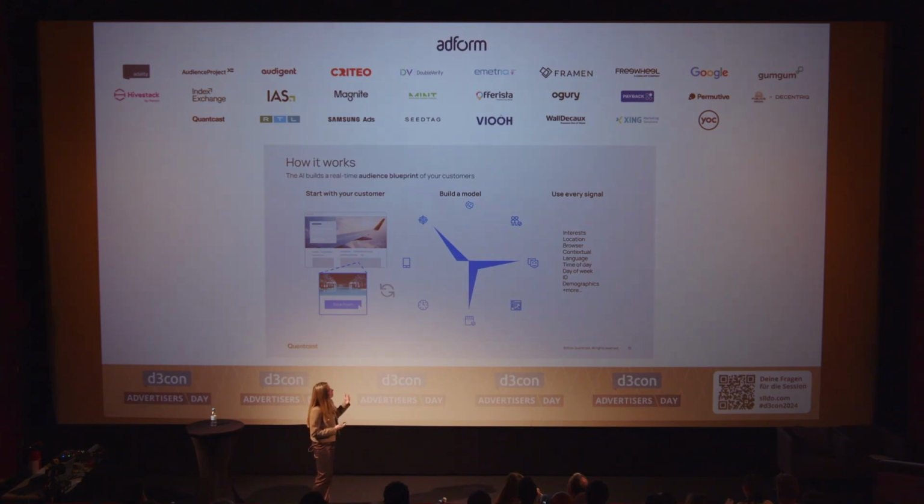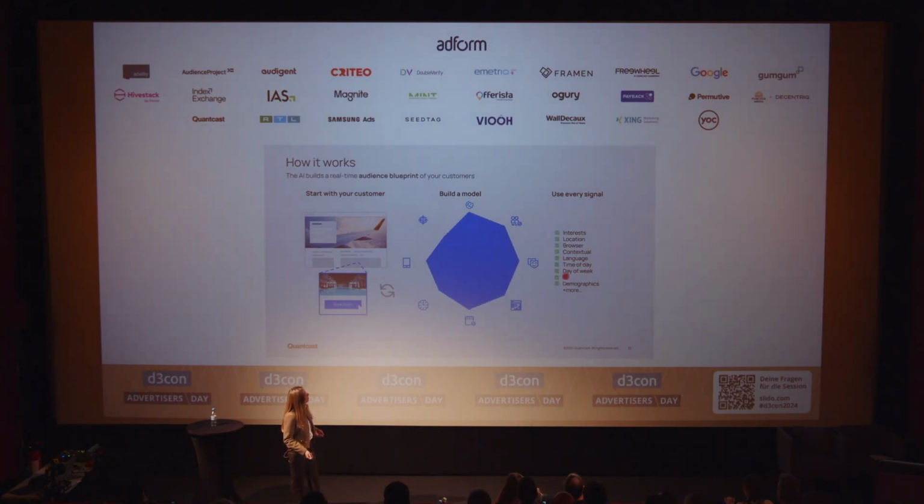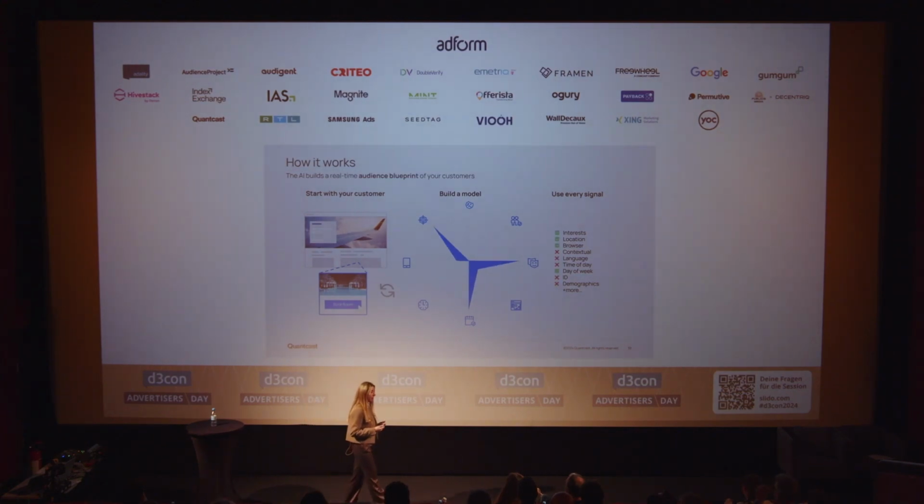Because if my targeting solution is primarily based, for example, on IDs, what do I do when there's no ID signal? And so on. So basically a system that is more robust and less fragile is one that is able to process multiple signals and is not reliant on one.